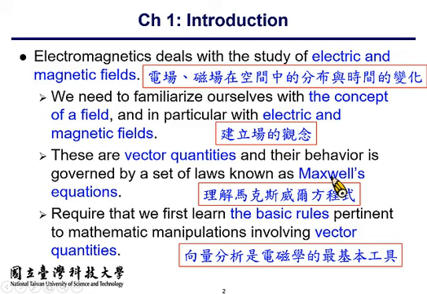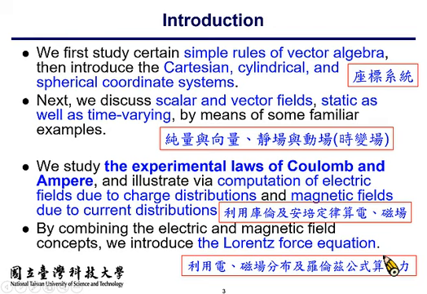And for the study of electromagnetics, vector analysis is the most fundamental mathematical tool. So in chapter 1, we will review some important mathematical tools associated with the study of electromagnetic waves, including the concept of coordinate systems.